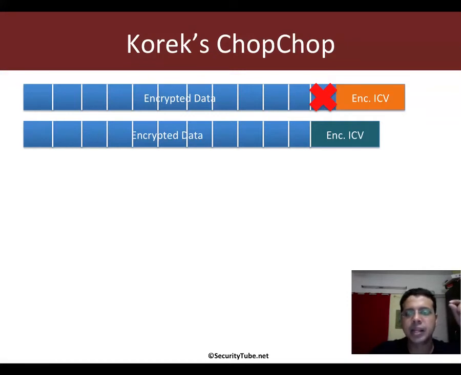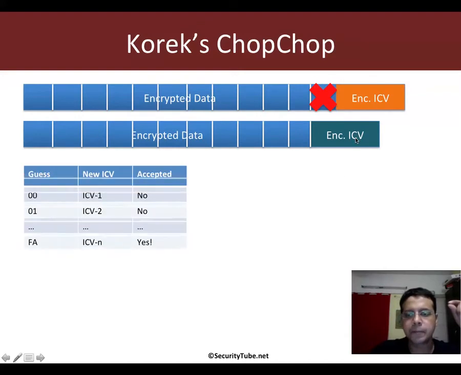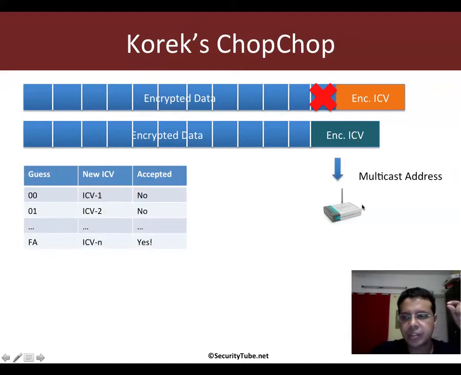Then he adjusts the ICV accordingly, and sends this packet to the access point destined to a multicast address. If his guess was right that the plaintext value was 00, then the new encrypted ICV he adjusted would also be correct.